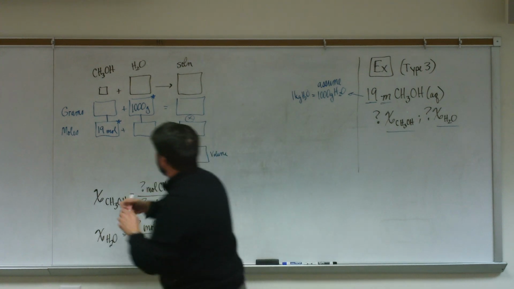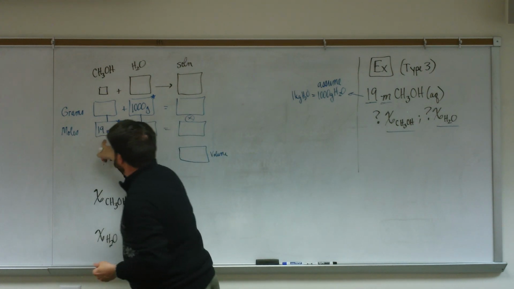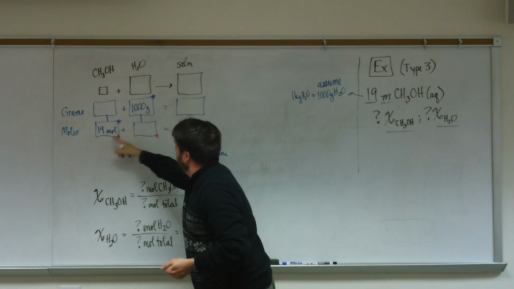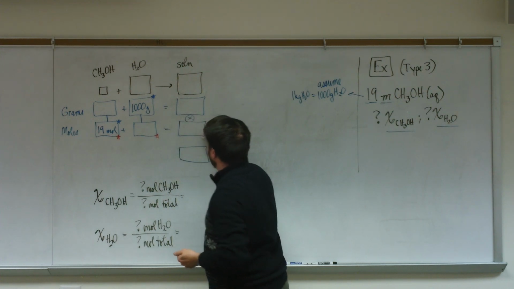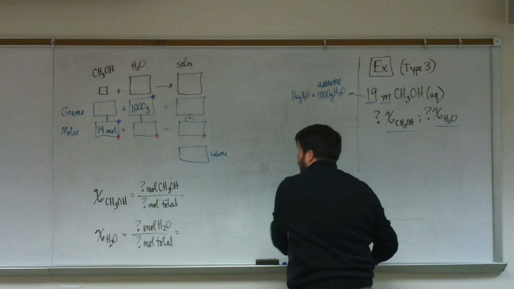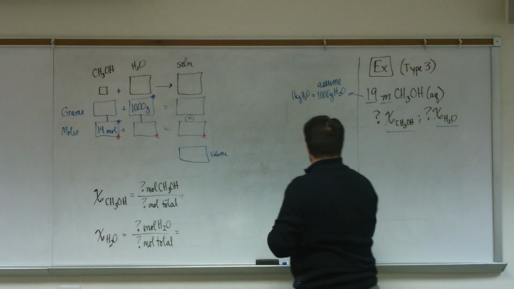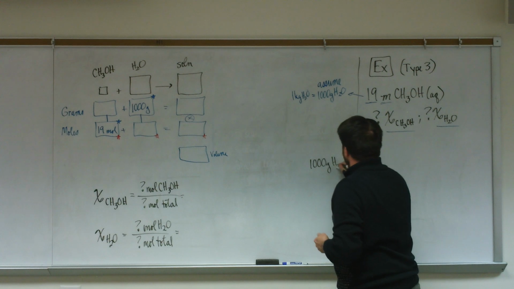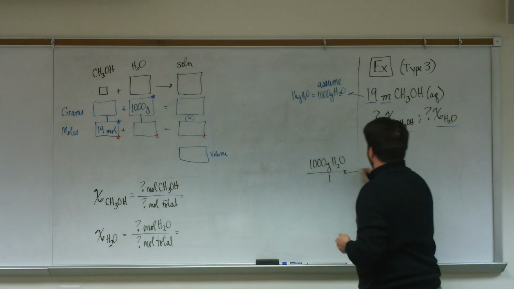I already have the moles of this. I'm going to need the moles of water so that I can get mole plus mole to give me total moles. All right, well then this is not a problem. We can show this work here. I need to have 1,000 grams of water. And if there is 1,000 grams of water, you can add up the 2 H's and the 1 O. Look at your own periodic table.